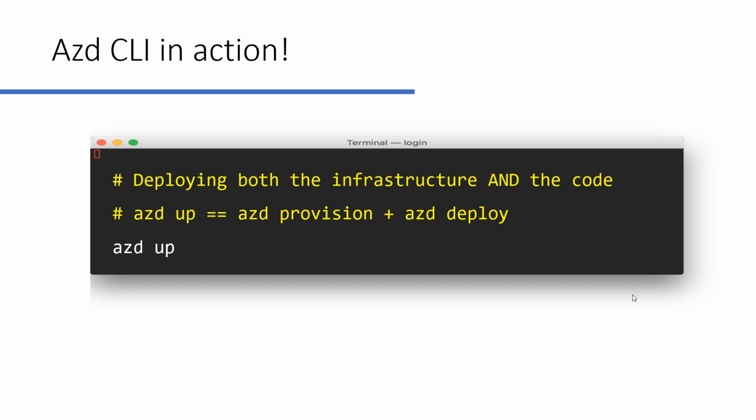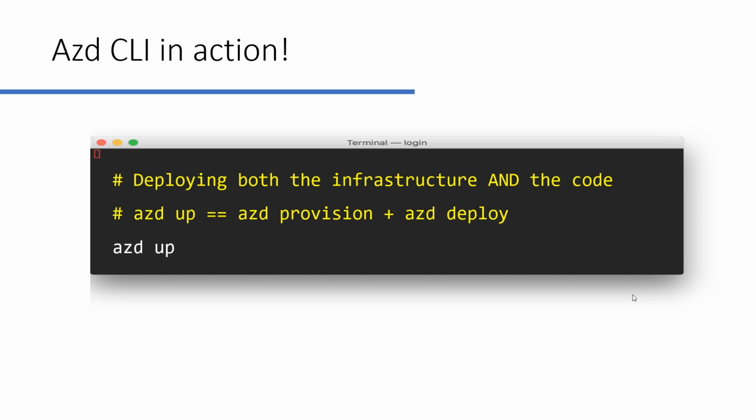Most of the time you will want to use azd up, especially the first time you are deploying the application using this template. In subsequent iterations, you will maybe want to use only azd deploy. Why? Because it speeds up the process.